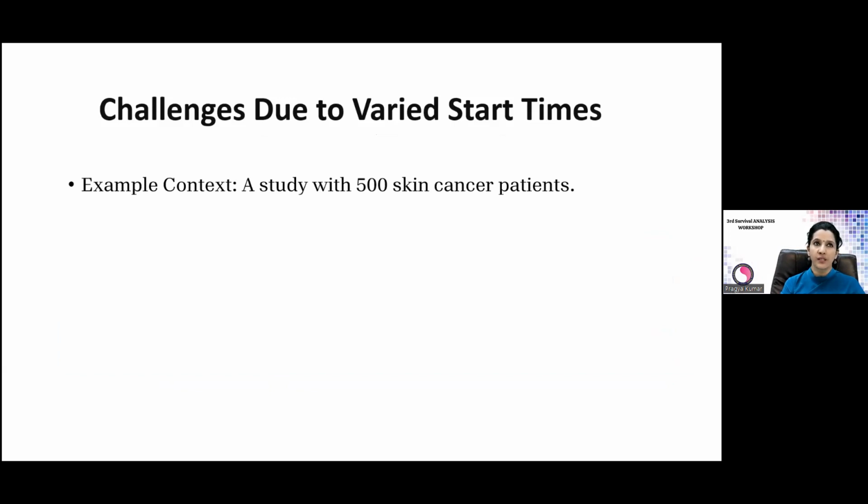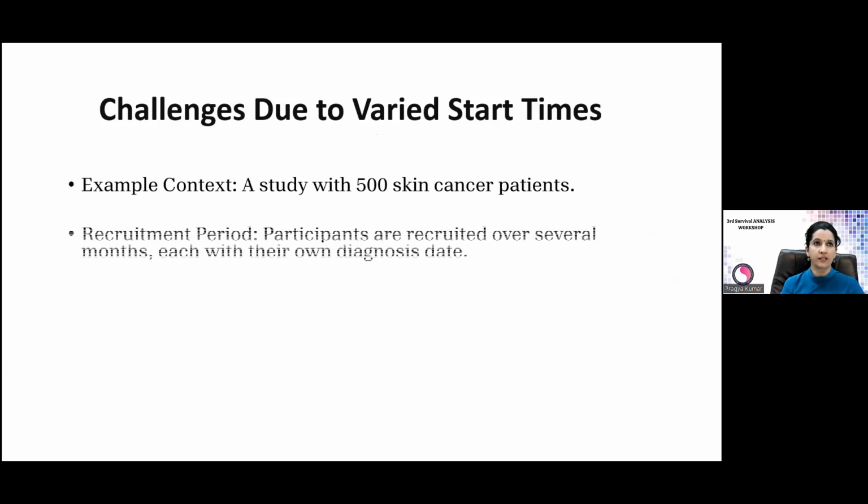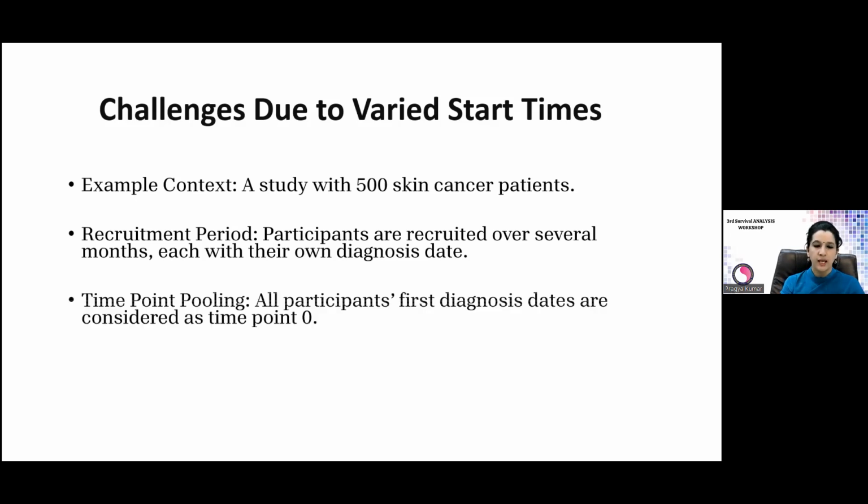If you start a study with 500 skin cancer patients, in the recruitment period you recruit the participants over several months, so each of them has their own diagnosis day. What happens if, after 1 year, some new treatment has come up and now the mortality has decreased?